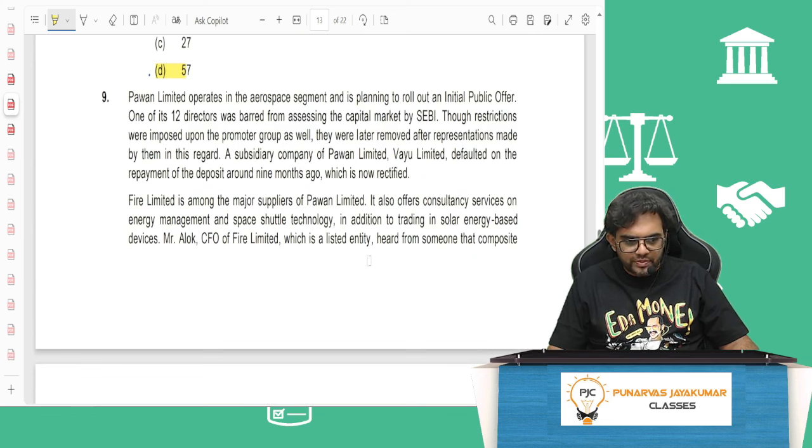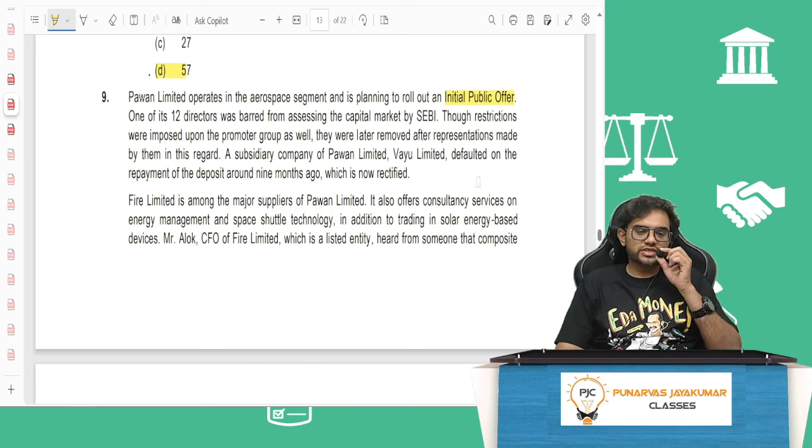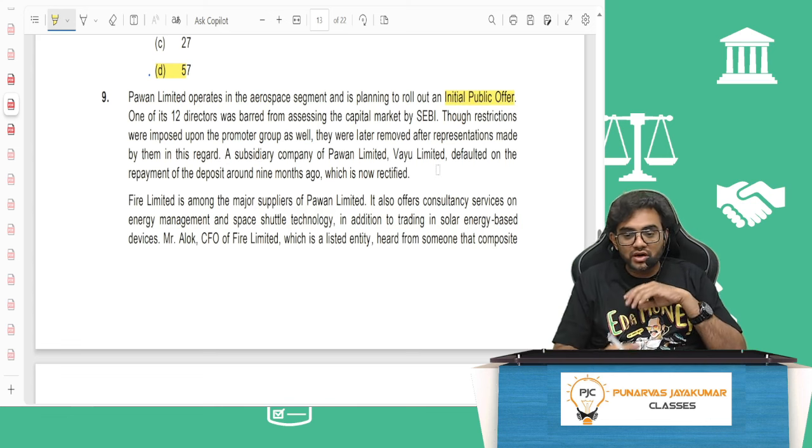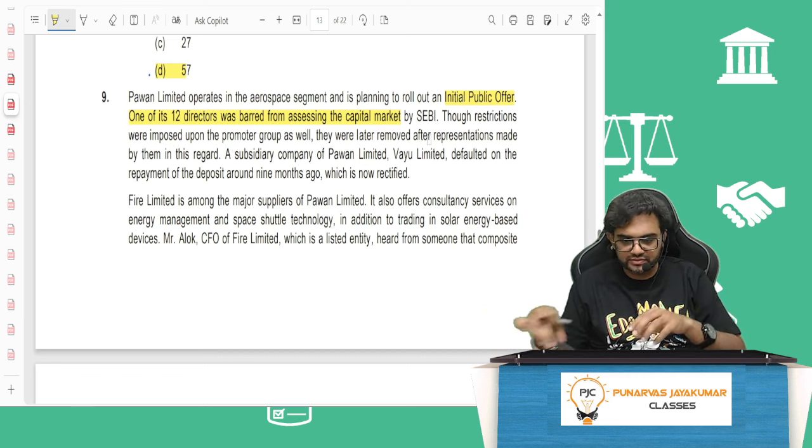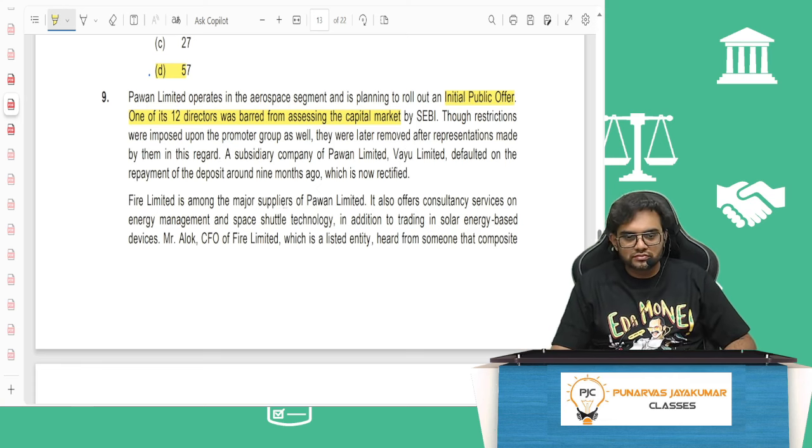Pawan Limited operates in the aerospace segment and is planning to roll out an IPO. Okay, this is your ICDR regulations then. One of its 12 directors is barred from accessing the capital market. Though restrictions are imposed upon promoters, they are made after representation made by them in this regard. Subsidiary company of Pawan Limited, Vayu Limited, defaulted on repayment of deposit around 9 months ago, which is now rectified.